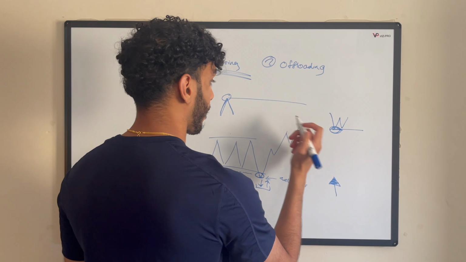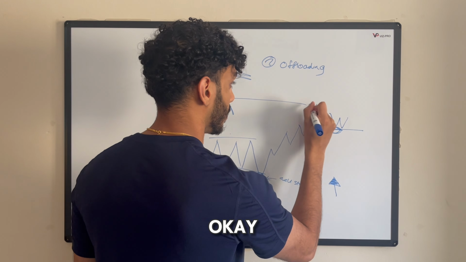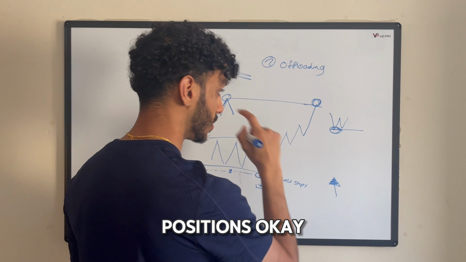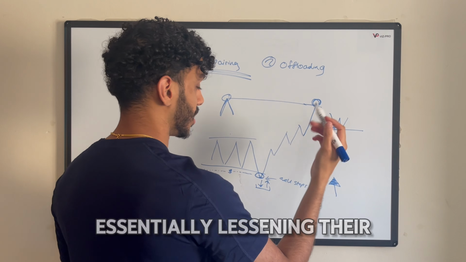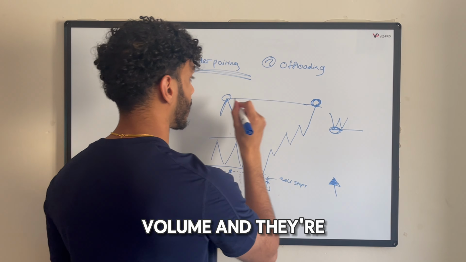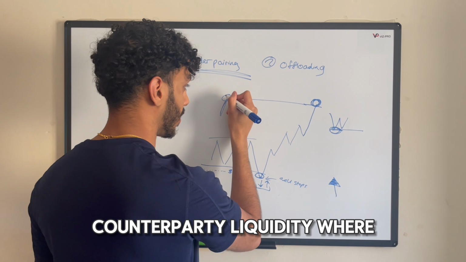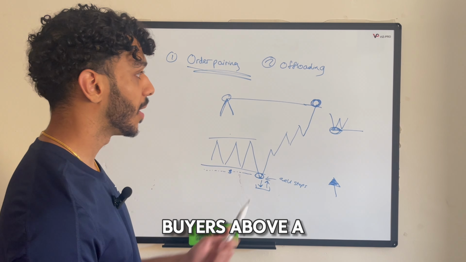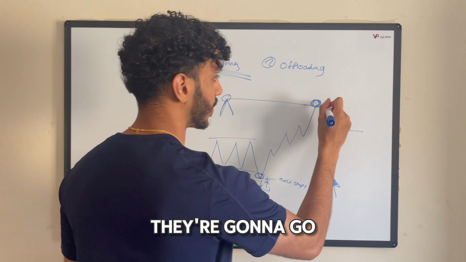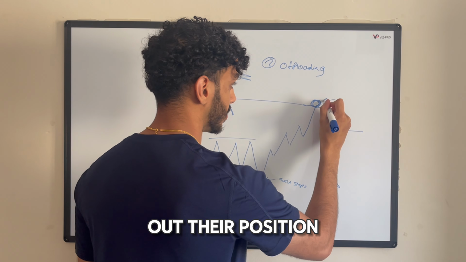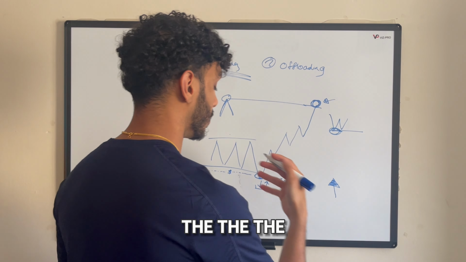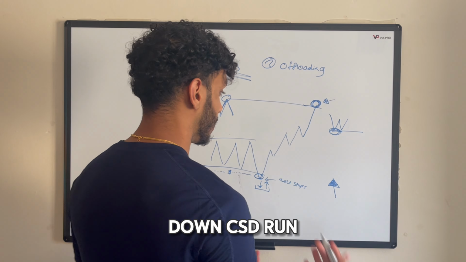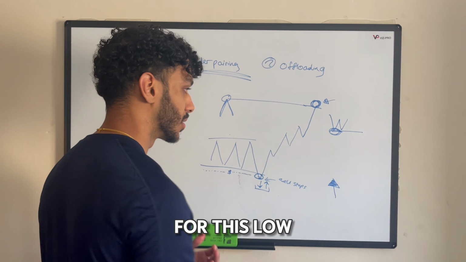So once we reach this high, smart money will offload their positions, essentially lessening their volume, and they're going to do that at counterparty liquidity, where there are willing buyers above a high. That's where they're going to exit their position. And then the whole process starts again. It could drop down, CSD, run for this low, et cetera.